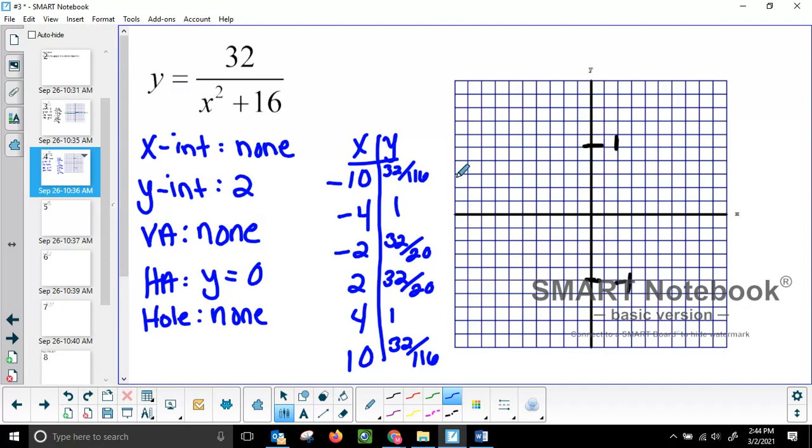Right, that's not quite 0.3, so that would be somewhere here. Negative 4, 1. Up here. Negative 2, that's a little over 1.5. So somewhere up in here.